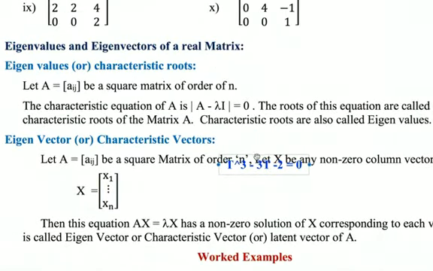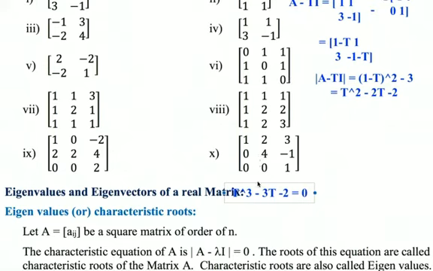Which matrix do we consider? Yes, this one. So the rest of the things are similar, so I'm leaving that to you. In this case, especially, this is an upper triangular matrix.